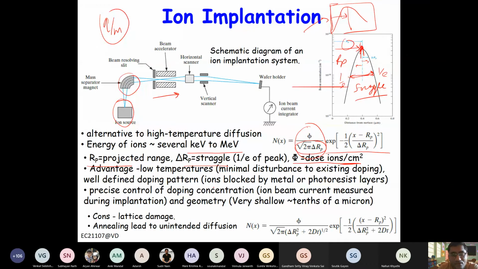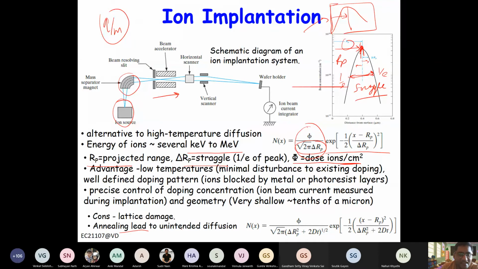Now, there is a problem with this, because when these ions bombard the surface, they will disturb the silicon atoms, and some defects will be created, right? To overcome this lattice damage, we have to do annealing.